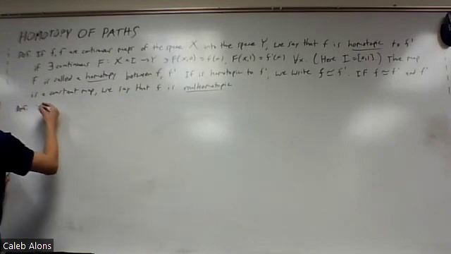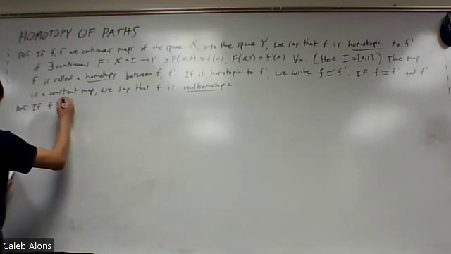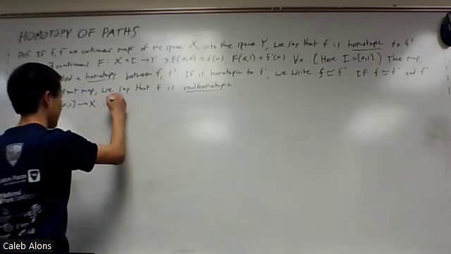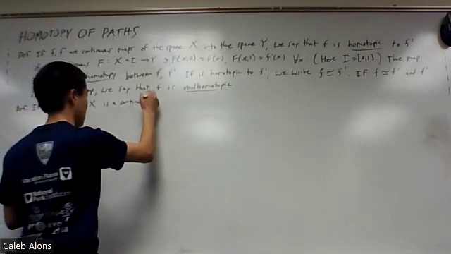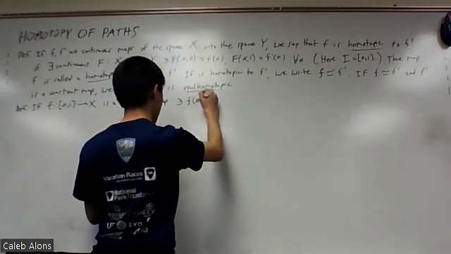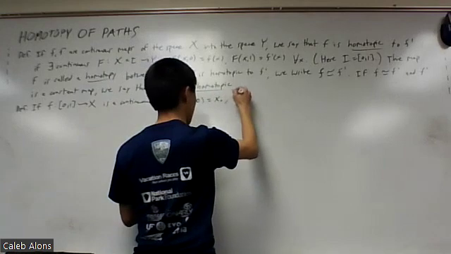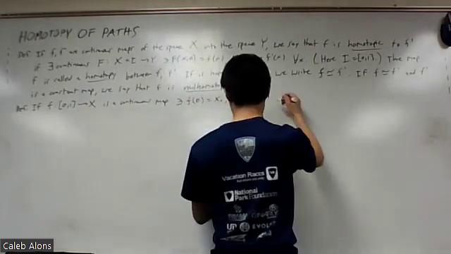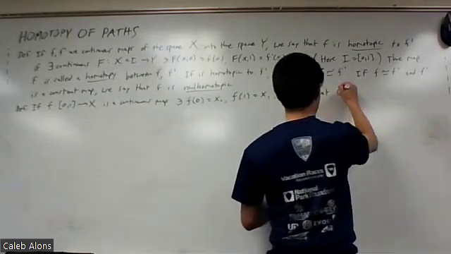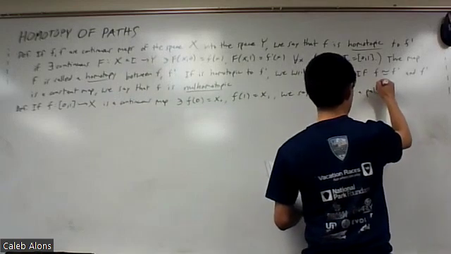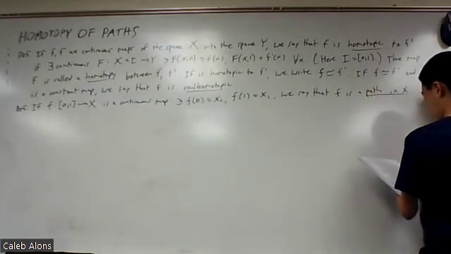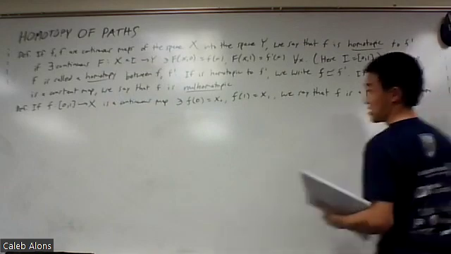Okay, definition. If F taking I into X is a continuous map such that F of 0 is equal to some x naught, and the other endpoint gives some x1, then we say that F is a path in X from x naught to x1.